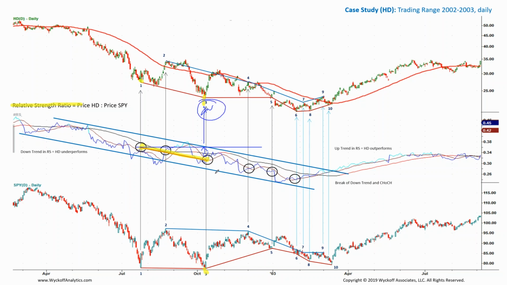So we could use a comparative analysis that Wyckoff used 100 years ago, or we could use something more modern, like a relative strength ratio line that I believe was created in the 40s or 50s, and that is very much an institutional tool. Institutions create a lot of systems based on relative strength performance.